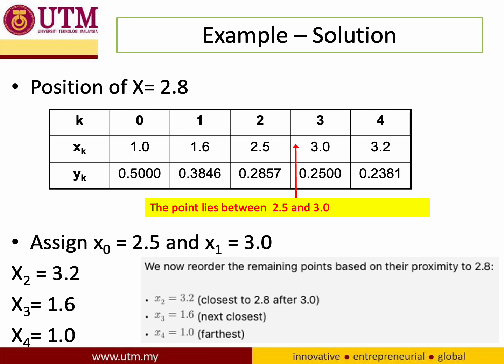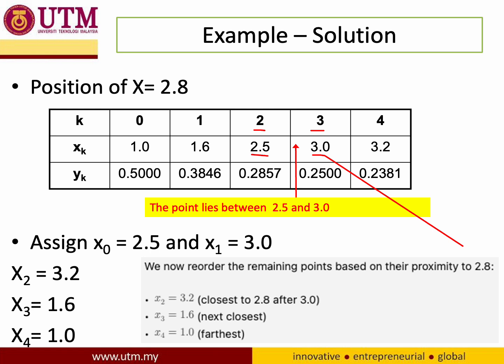If you have this type of question, the first thing you need to do is not develop the table. First, you need to reorder, so you need to reassign the table. Here, x 2.5 and 3.0.